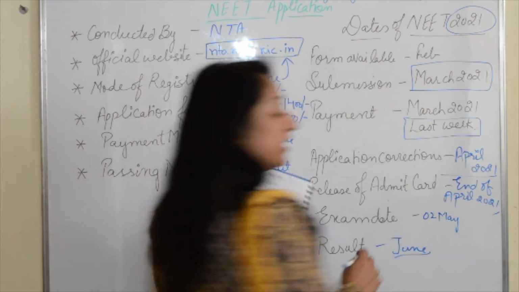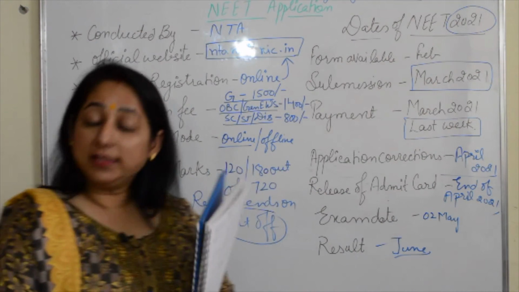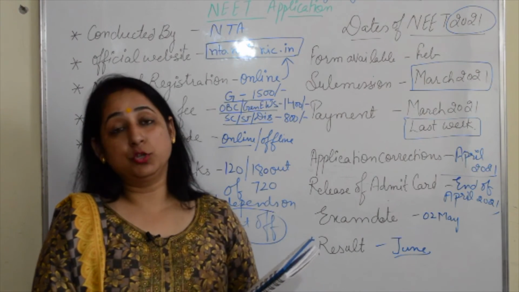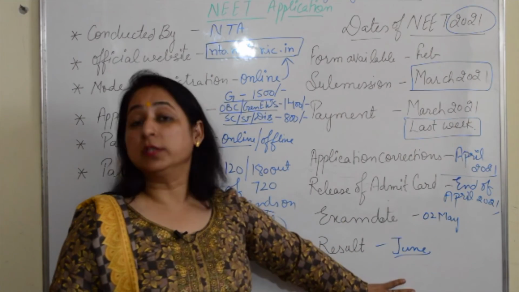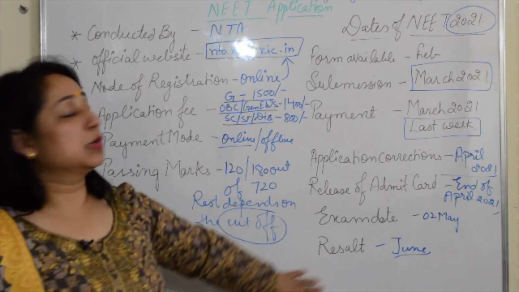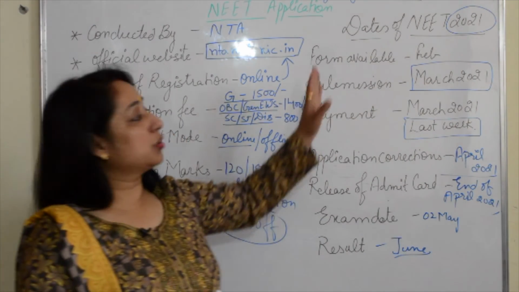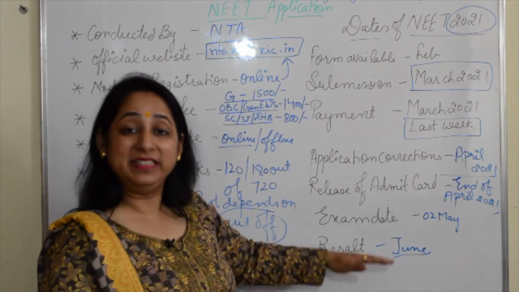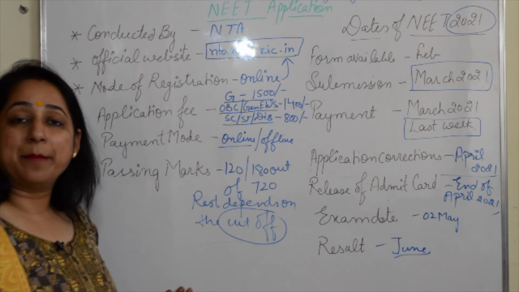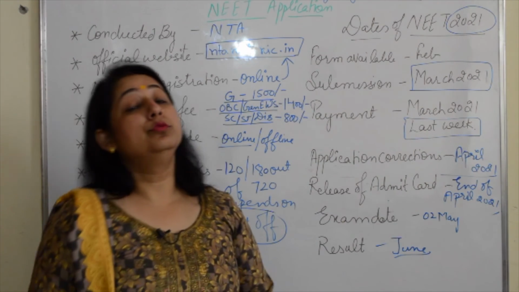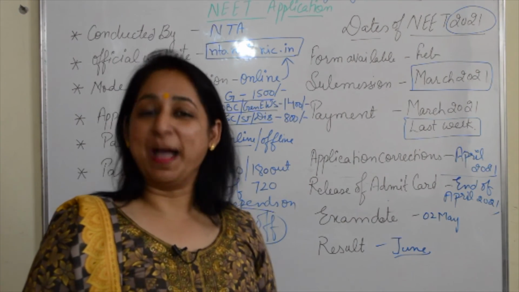This is official, but changes can happen, as you know, though chances are they'll stick to this. So these are the important dates for NEET 2021, and the general instructions about the NEET application form.